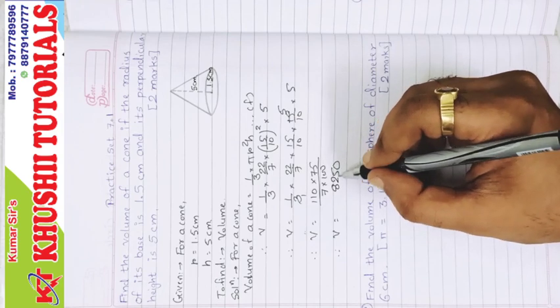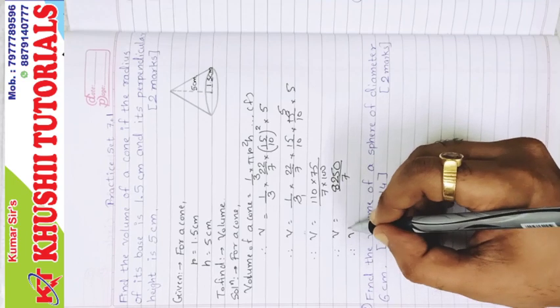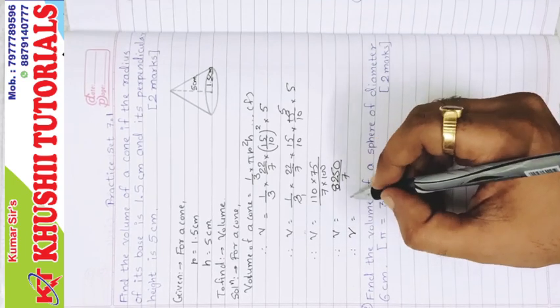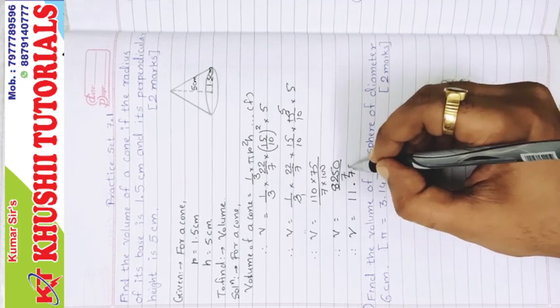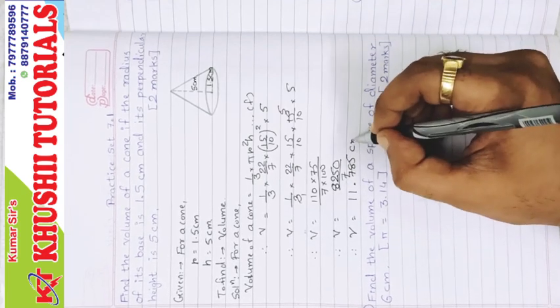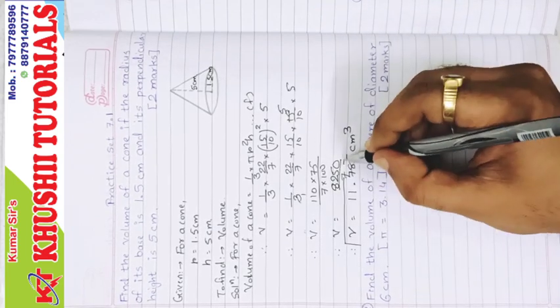Decimal, we have 2 zeros, so 82.5/7. So volume equal to 11.785 centimeter cube. So this is the required volume of this cone.